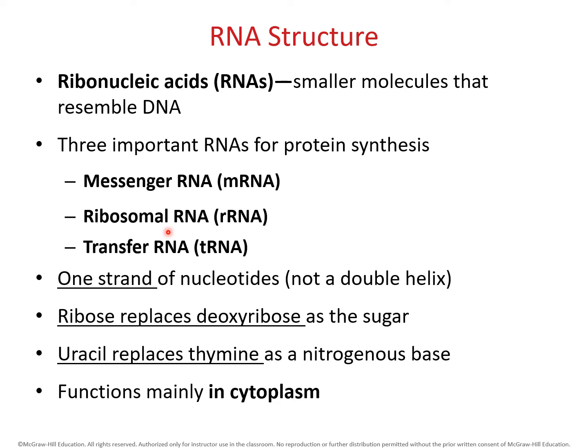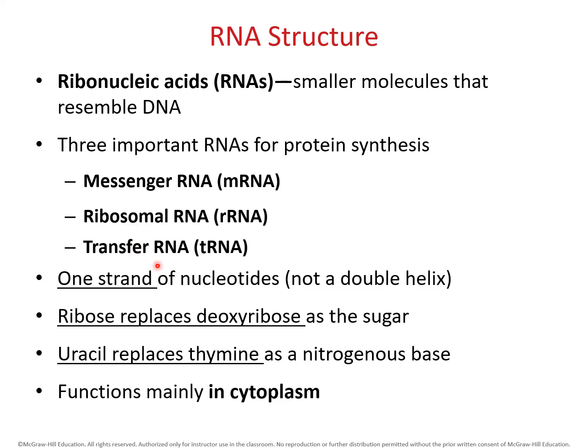Remember, you have ribosomes that exist on the surface of the rough endoplasmic reticulum. You also have ribosomes that are considered free-floating. These are ribosomes that are not attached to the rough ER, and they're just going to be out in the cytoplasm. So this rRNA is associated with those ribosomes.